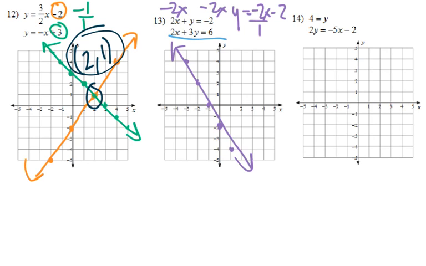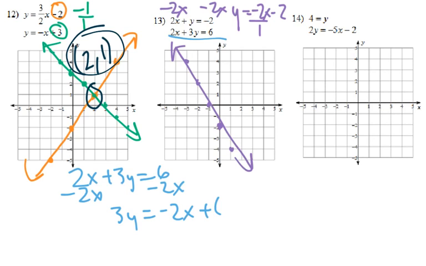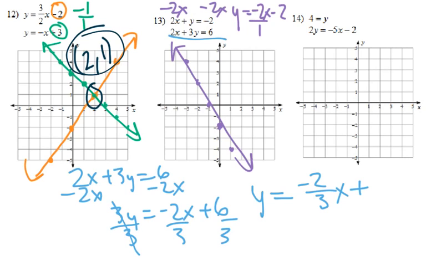Second one, subtract 2x from both sides. We get 3y equals negative 2x plus 6. Divide by 3. You should see this pattern of solving for y: we pretty much always start by adding or subtracting the x term, then dividing by the coefficient of y, and that usually gives us it.